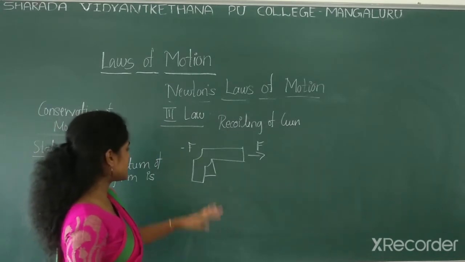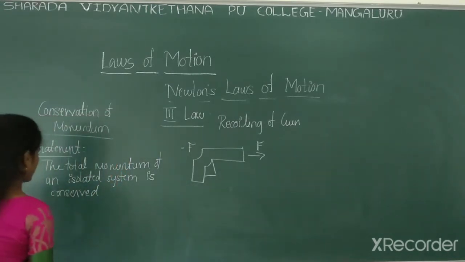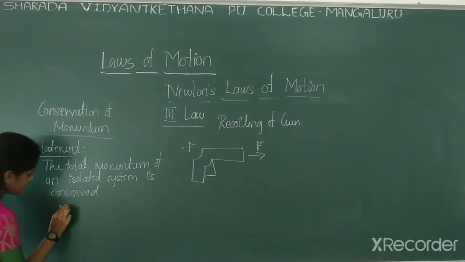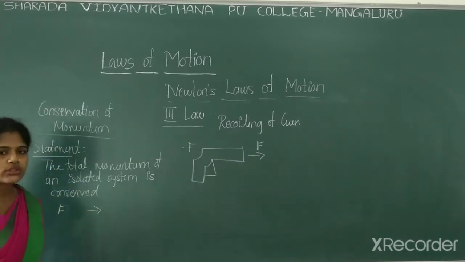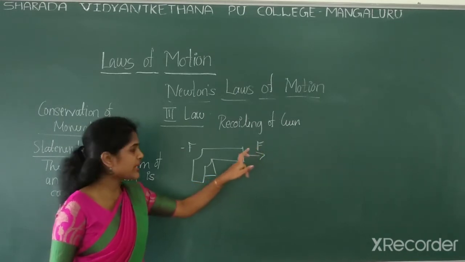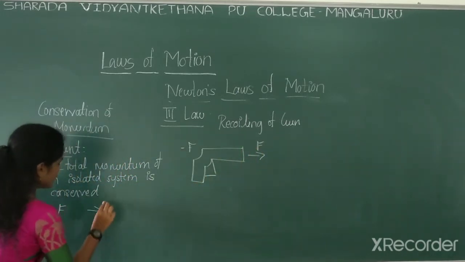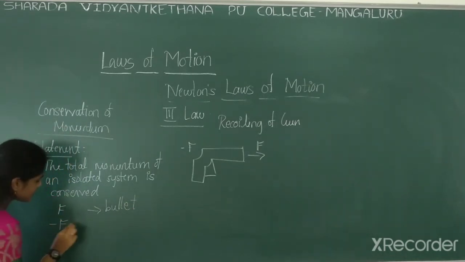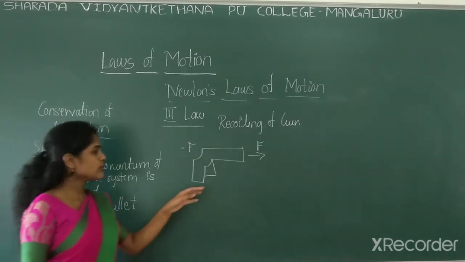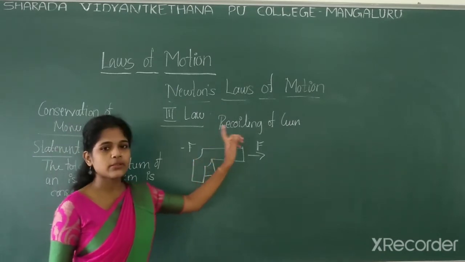So now let us see, if F is the force of the bullet applied by the gun, and minus F is the force of the gun applied by the bullet.